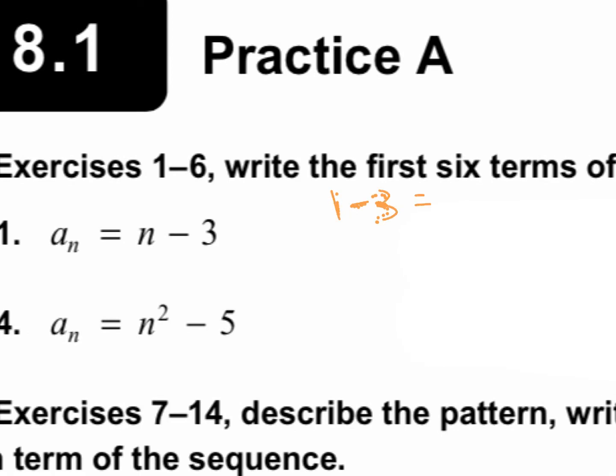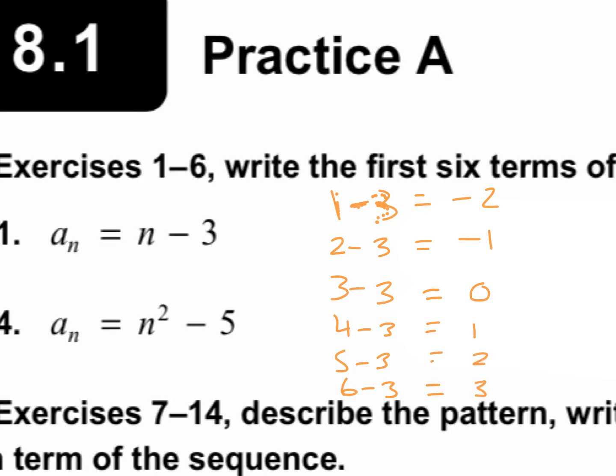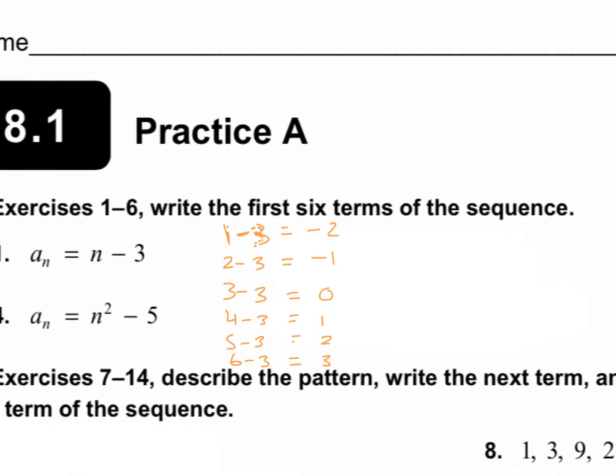Then we do 2 minus 3, 3 minus 3, 4 minus 3, 5 minus 3, 6 minus 3. So 2 minus 3 is -1. Then we have 0, 1, 2, and 3. So our first 6 terms of the sequence are these. All you have to do is plug in 1 through 6.